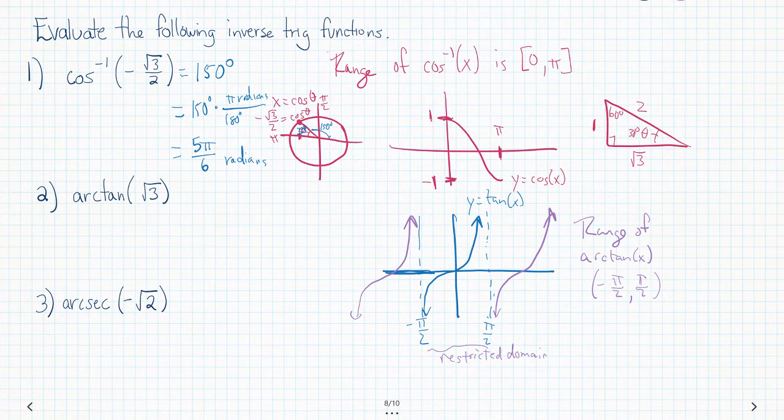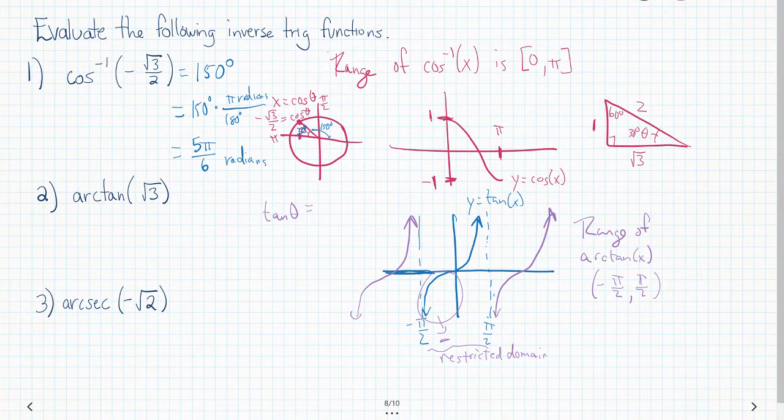So now, same song and dance. We have to figure out what triangle will give us the tangent of theta being square root of 3. The good news is, when you think about that in terms of the unit circle, this would occur if the tangent was negative. So this is negative values. But since we're positive, we're just from 0 to pi over 2.